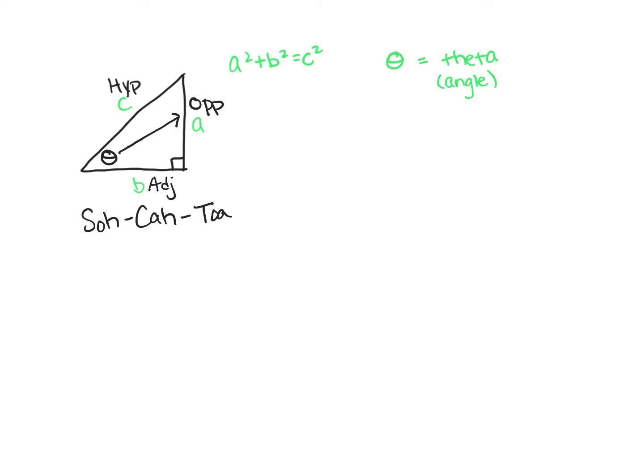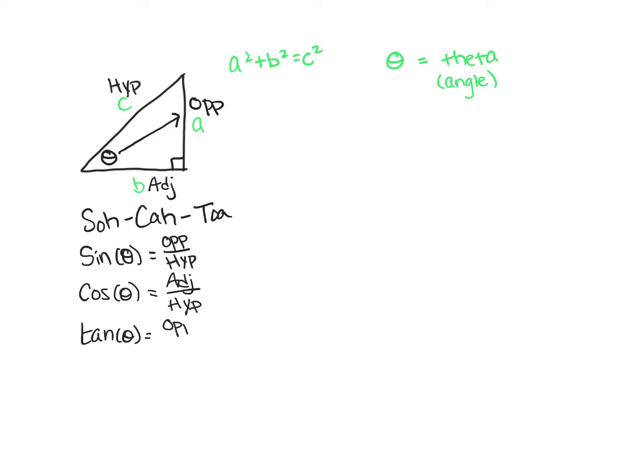The SO means that sine of our angle theta is equal to O over H, or opposite over hypotenuse. The CAH portion means that cosine of our angle theta is equal to A over H, or our adjacent side over our hypotenuse. And then the TOA means that tangent of our angle is equal to the opposite over the adjacent.